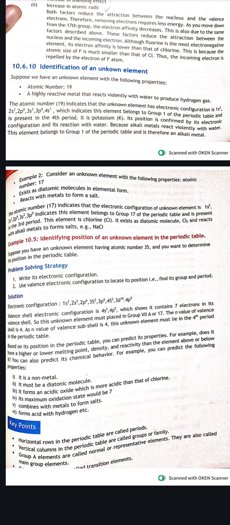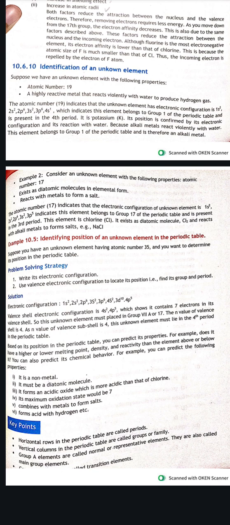Identification of an unknown element. So this is quite interesting. Like we have the atomic number 19, and it's a highly reactive metal and reacts violently with water. So we have to figure out which element this is. Atomic number 19, first of all we will write the electronic configuration.